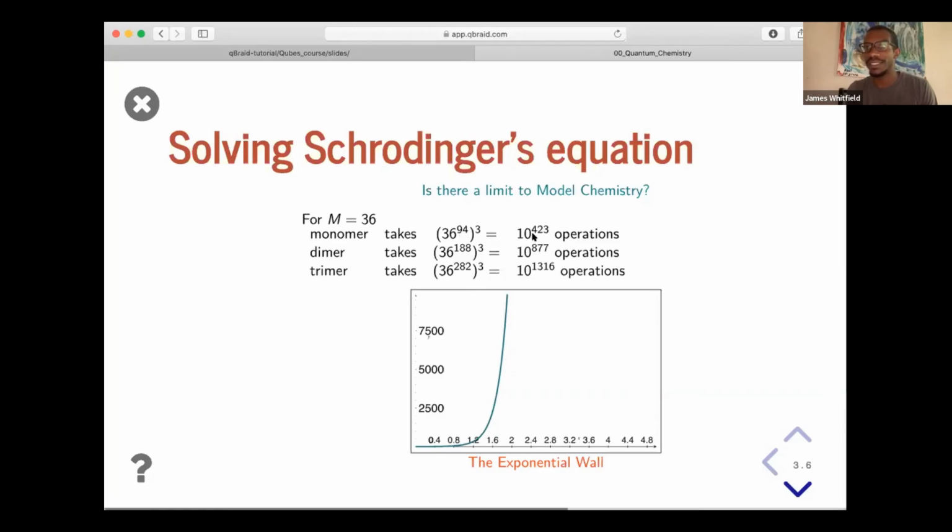You end up with 10 to the 423 operations. So that's a lot, right? The next one's 10 to the 800 operations, and then 10 to the 1,316 operations. So you can see this is what we call an exponential wall. The problem is scaling exponentially with the system size, and it's getting worse and worse and worse.